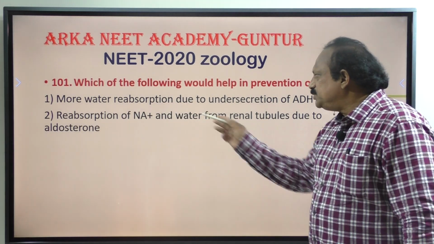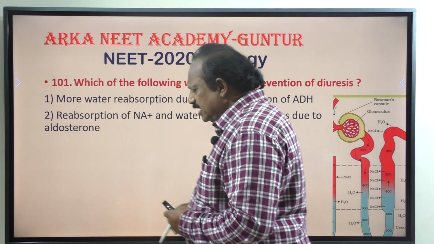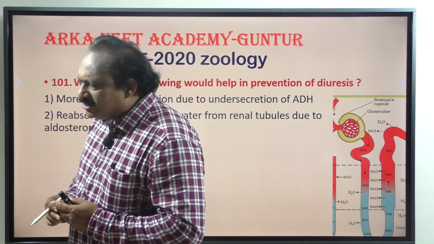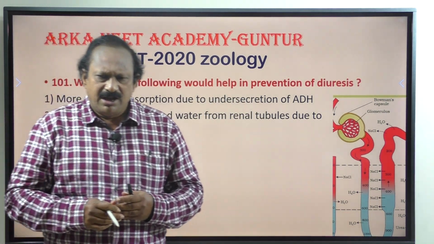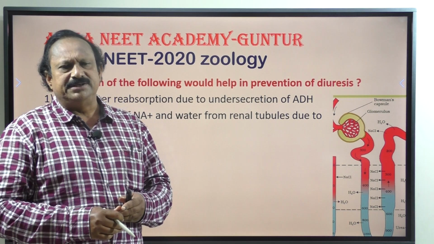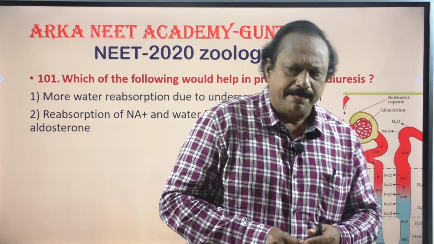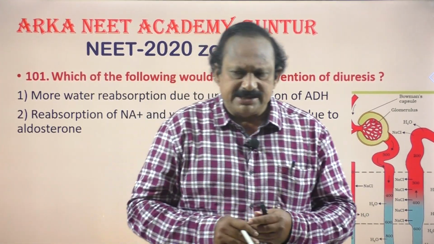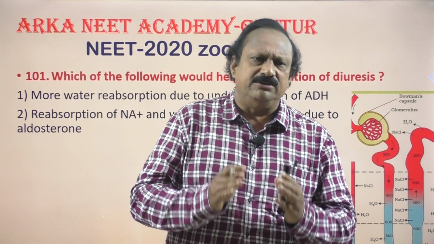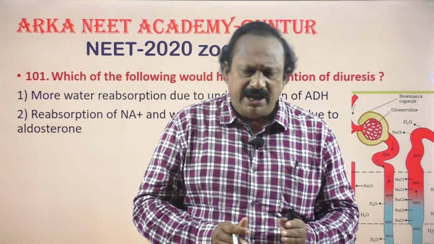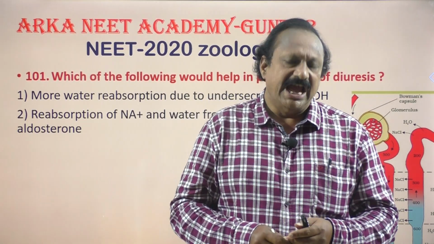Reabsorption of sodium and water. So how is aldosterone related to diuresis? Most of the students have made mistakes about the second option. Their opinion is that anti-diuretic hormone is related to the diuresis. In what way is aldosterone related?